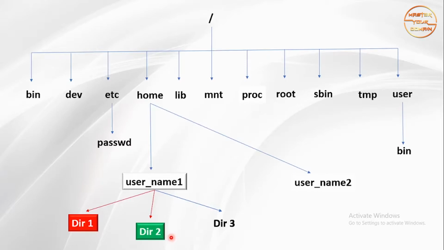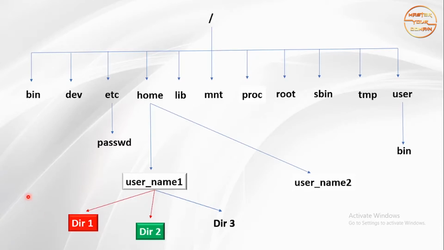This is called relative path. It means you are in a particular directory and you want to go to some other directory, and you have mentioned the directory name only. You are specifying a path which is relative to dir1. This is called the relative path.